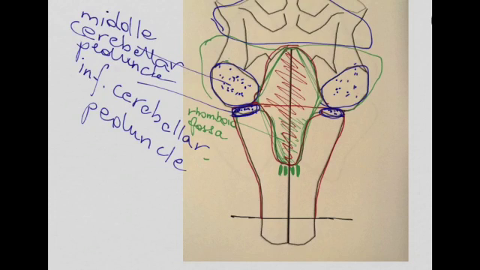These are the fibers, the pontocerebellar fibers we've seen on the ventral surface of the pons, which will cross over from the pons to the cerebellum.